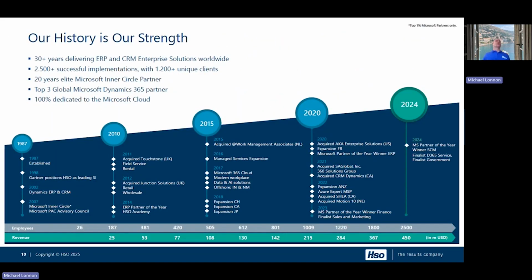Now, I don't like talking about history and all that sort of jazz. Where's the value in that? There isn't a great deal. Suffice to say just one thing. Because we've been going around for 30-plus years, we have so much experience. I'll tell you what, we've got a lot of projects wrong and a lot of projects haven't quite gone the way we would have liked them to have gone.